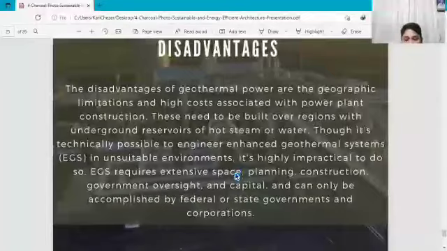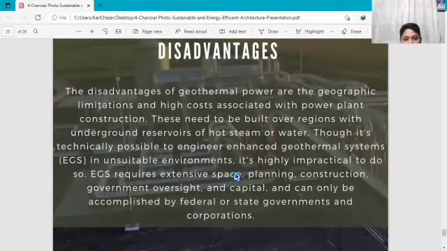Ano nga naman ang disadvantage nito? The disadvantages of geothermal power are the geographic limitations and the high cost associated with power plant construction.